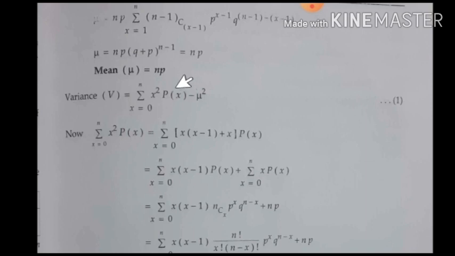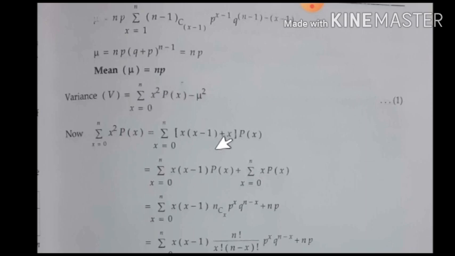We only need to convert it: p of x we need to substitute as the binomial expression, that is nCx into p to the power of x into q to the power of n minus x. Before that substitution, we need to simplify it for x square.